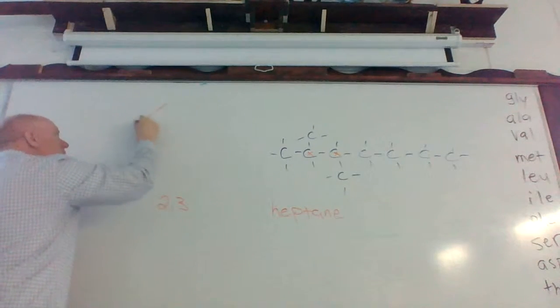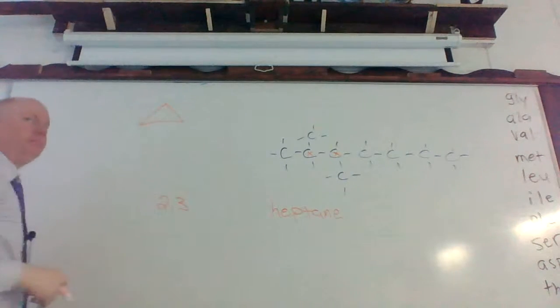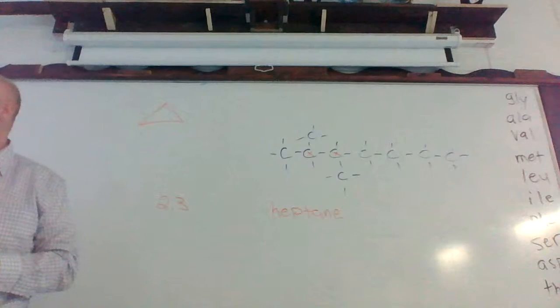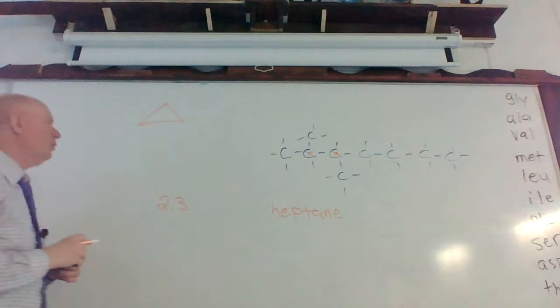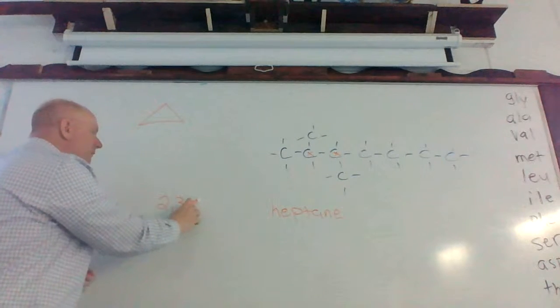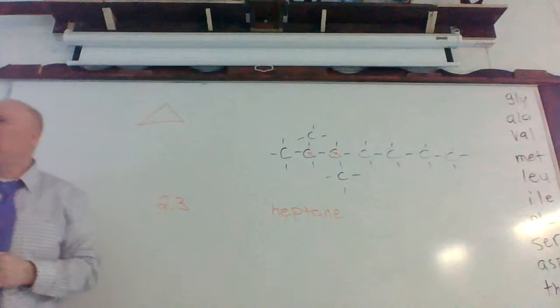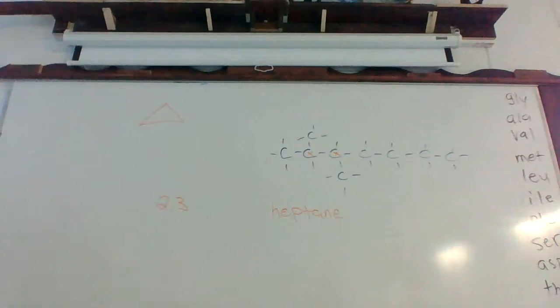So we know triangle means you would have 3 derivatives. But if you only have 2, it's a prefix. You would think that would mean bimethyl, kind of like a bicycle, but that's not the case. It's a different prefix. Does anyone think they might know what that could be?